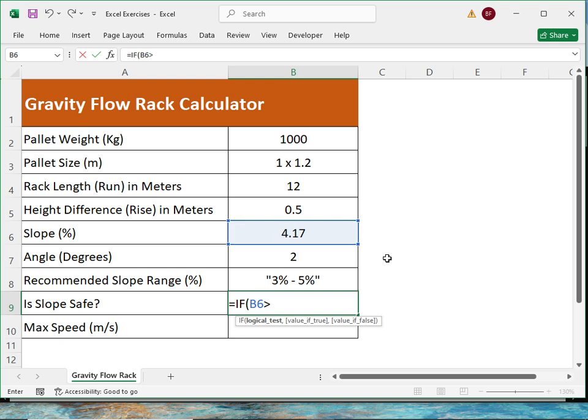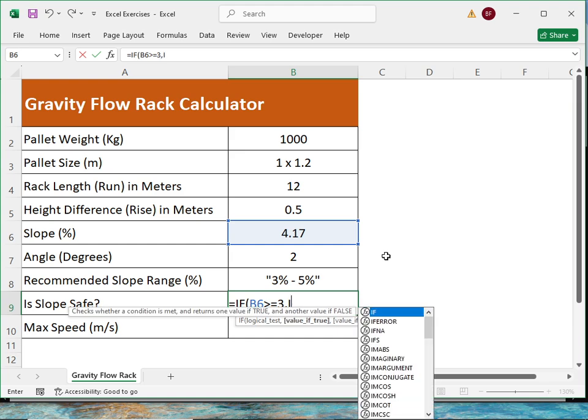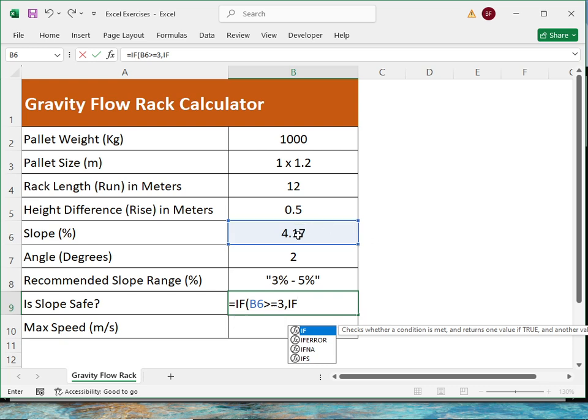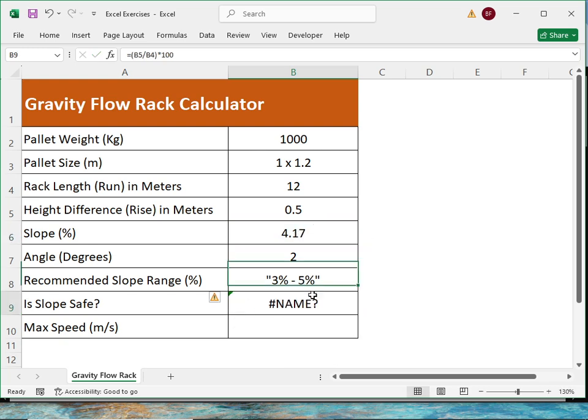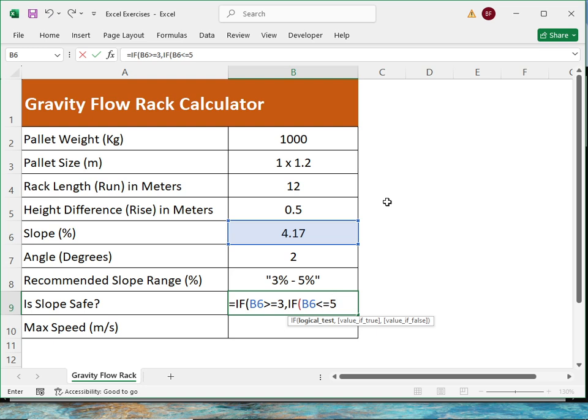B6 is greater than or equal to 3%, and another condition: B6 is less than or equal to 5%. Then comma, then it should be yes, safe.